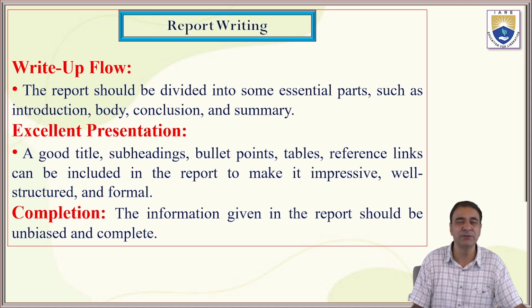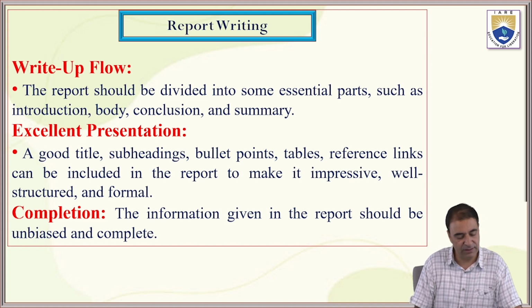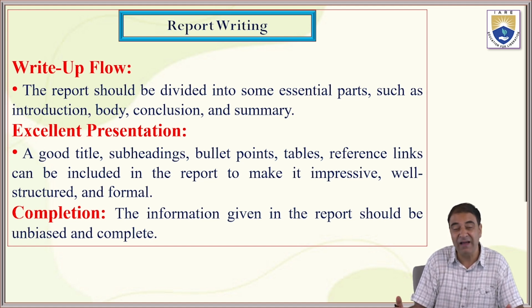Tables in order to make it more authentic, in order to make it more factual. Reference links. We can include all these things in a report in order to make it impressive, in order to make it well knit, in order to make it more objective or well structured, or for that matter, very formal.